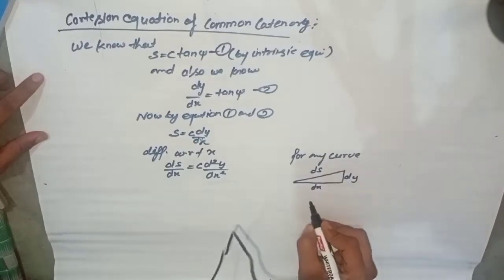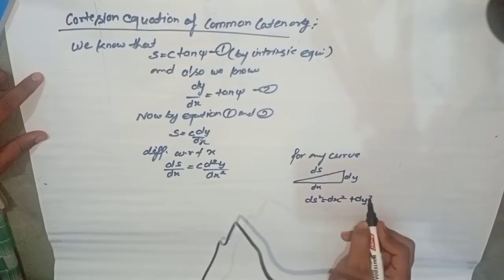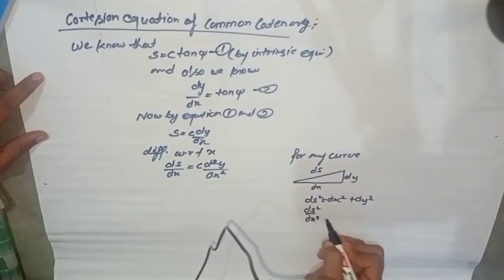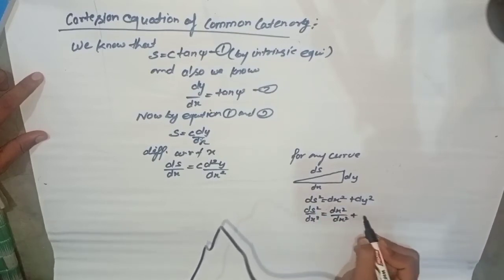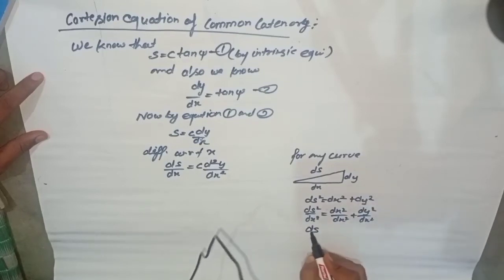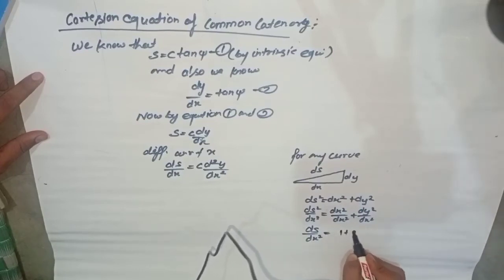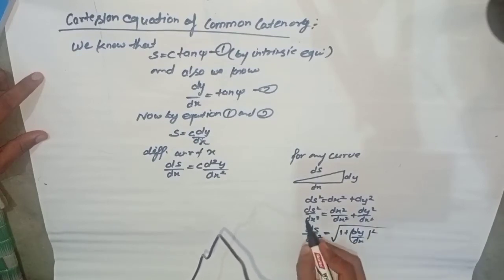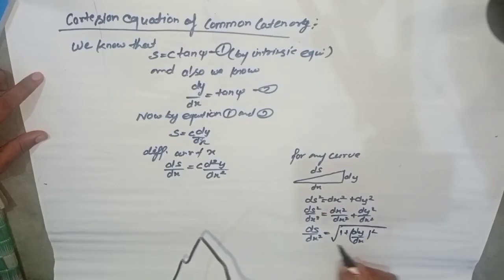By Pythagoras theorem, ds square equal to dx square plus dy square. Now dividing both sides by dx square, we get ds square upon dx square equal to 1 plus dy upon dx whole square. This whole square goes to the right hand side under root.